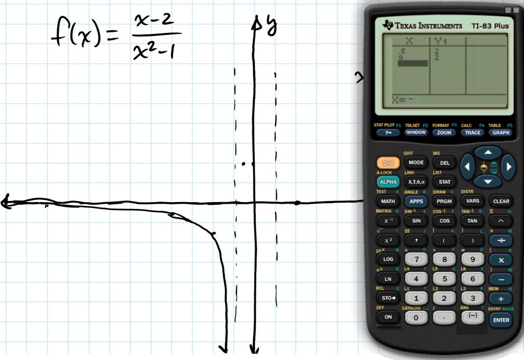Oh, no. It's at 2.4. What? At 0 is at 2. Oh, because I didn't put negative a half in like that. Let me put in negative 1/2. Okay, so at negative a half, it's 3 1/3.